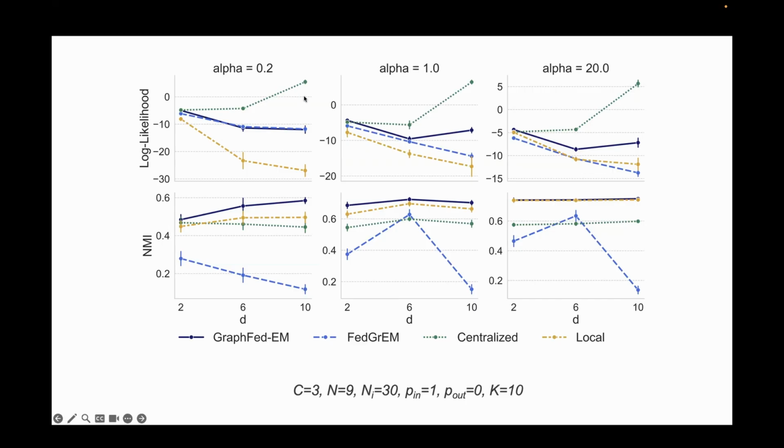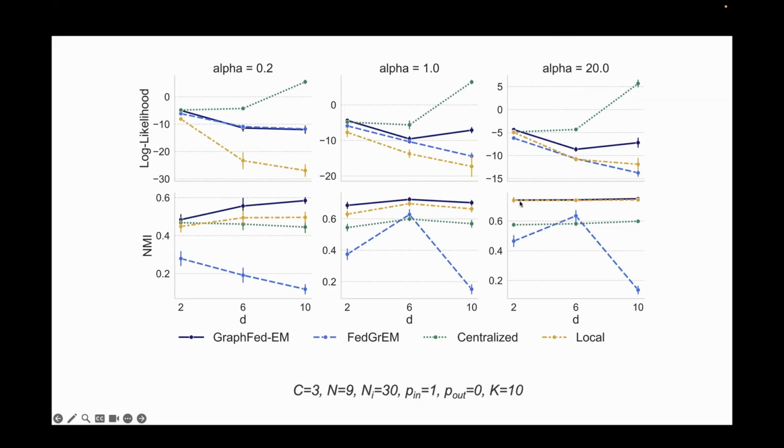So we can have a high log likelihood, but a somewhat low NMI value, or if you're measuring the squared Euclidean distance between the true parameters and the estimated parameters, then you can get not-so-optimal results. But we can see that our algorithm gives quite nice NMI values. And again, this advantage diminishes once we go to a more equivalent split between the nodes, when the heterogeneity is diminishing.